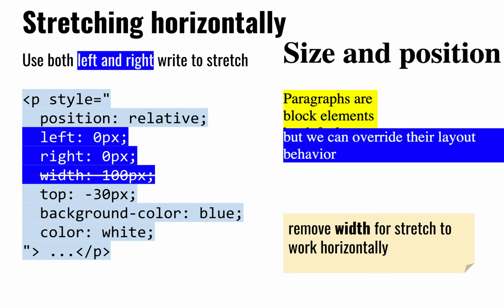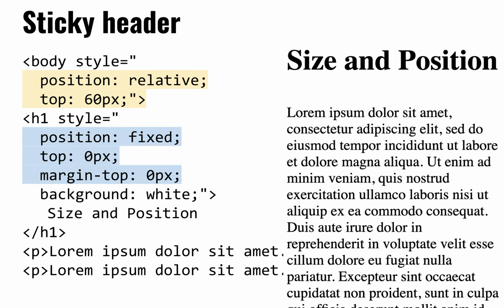But you can override that by using the fixed position. Position fixed means I'm going to put you from the original position of 0,0 on the top left corner, but once you're positioned, I'm going to ignore any scrolling. So if you scroll, I'm going to stay right where I am.